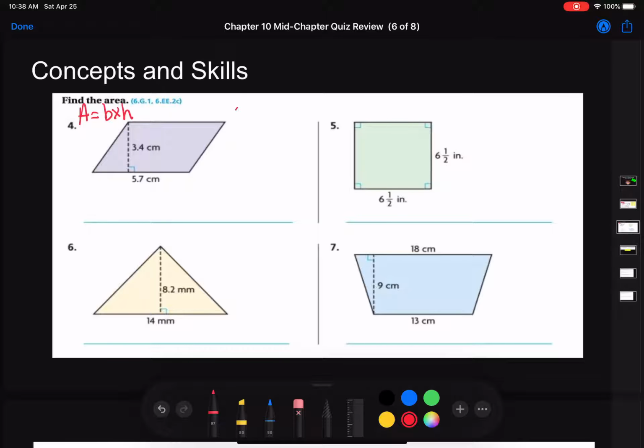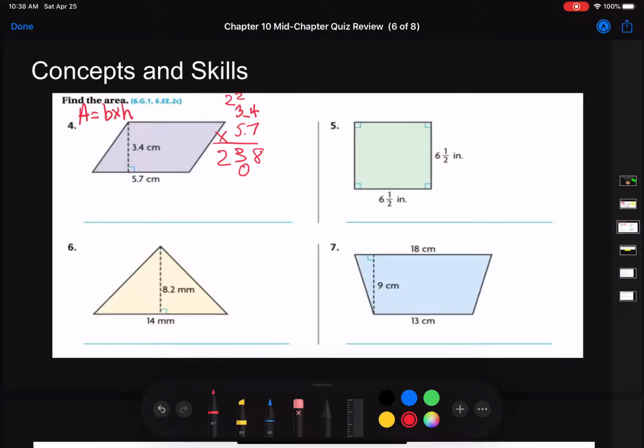You're going to do 3 4/10 times 5 7/10. So let's hope that all my multiplication and addition is on point today and I don't make any mistakes. Okay, so 7 times 4 is 28, carry the 2, 7 times 3, 21, plus 2, we got 23, and then 5 times 4 is 20.